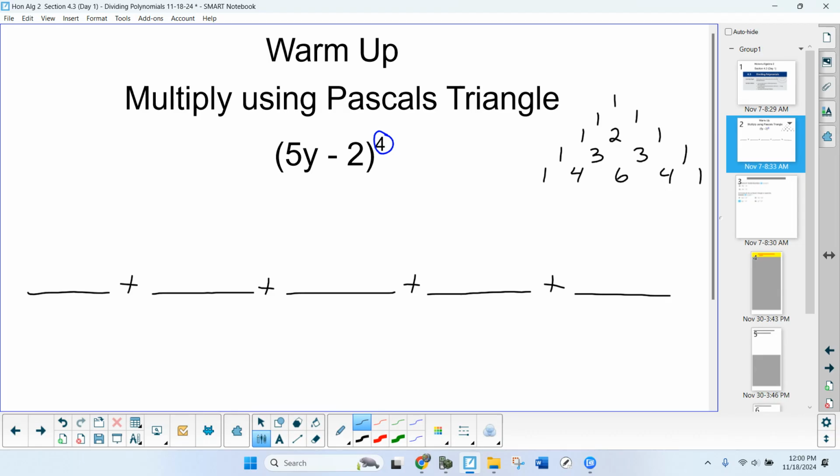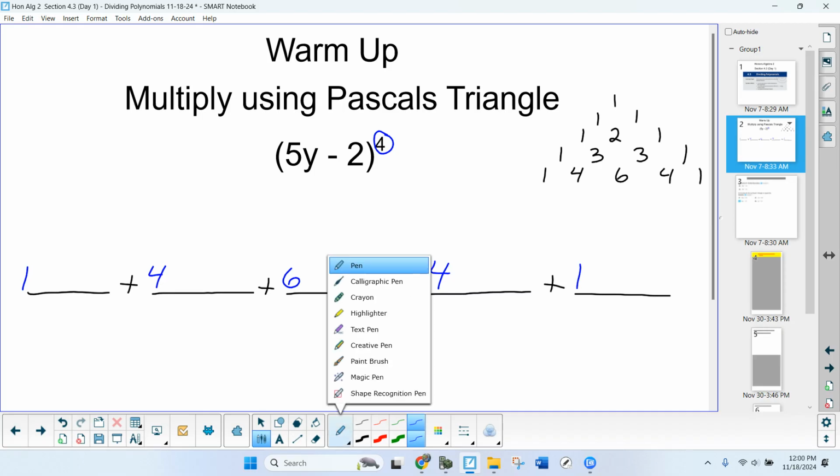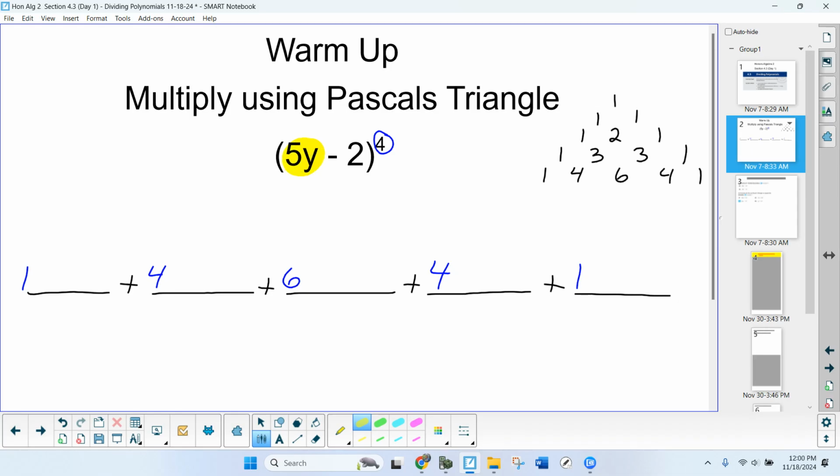So we're going to come over here and put 1, 4, 6, 4, 1. One of the biggest mistakes is you guys will forget your coefficients. Don't forget your coefficients. Okay, now the next term you're going to take is 5y. And how many 5y's do you have here? 4. How many 5y's here? 3.